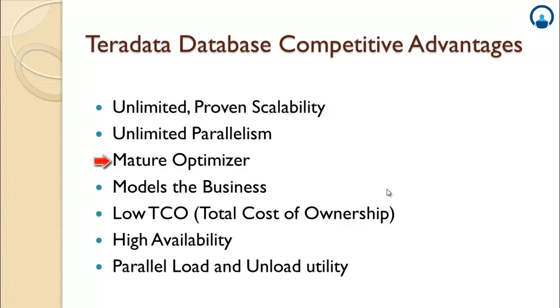What Teradata does is provide an optimizer which can handle complex queries. It can handle up to 128 joins per query, and it can handle ad hoc processing. It provides better performance compared to other databases, even if you have a good number of joins in your query.